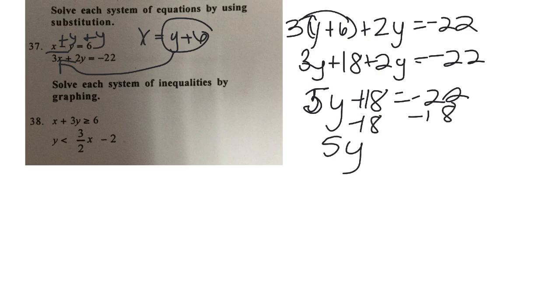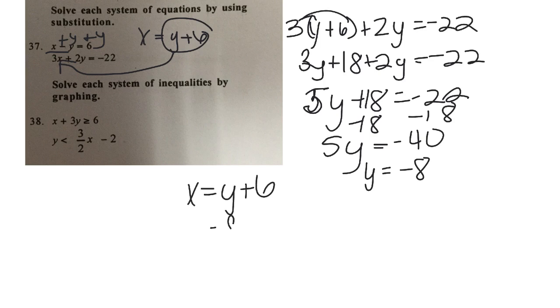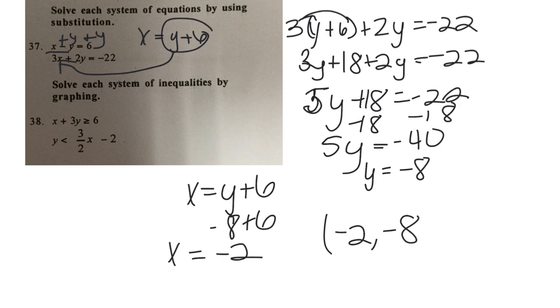And 5y equals negative 40. So y equals negative 8. And if x equals y plus 6, that's negative 8 plus 6. So x equals negative 2, and my ordered pair is negative 2, negative 8.